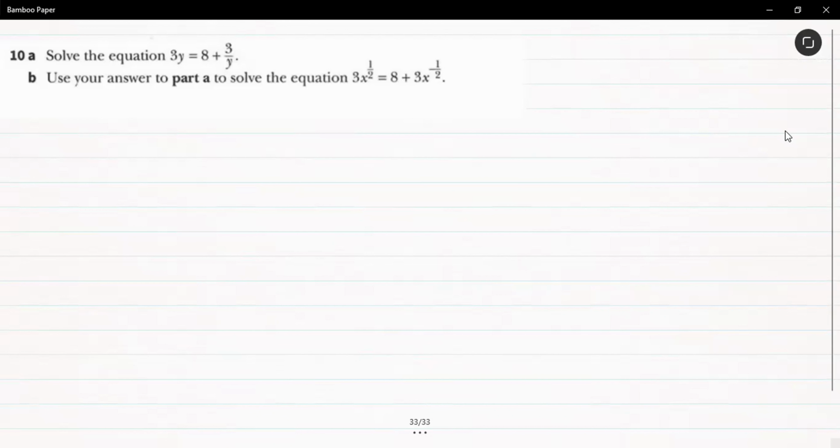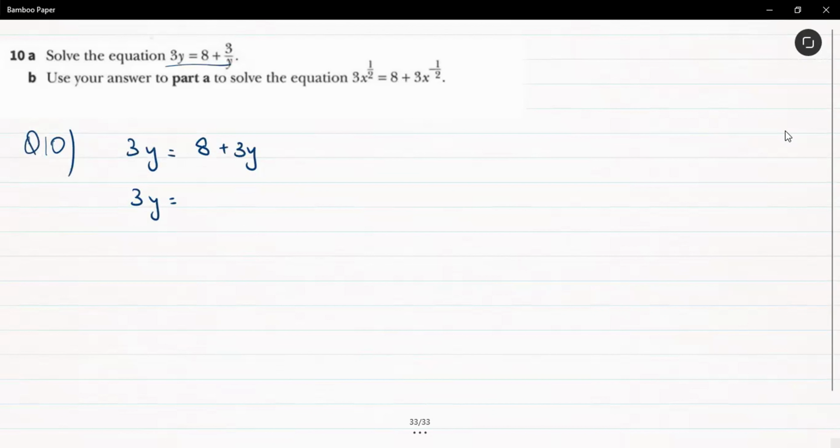Okay, so basically, question number 10 is an example of disguised quadratic equations. If we look straight away, we can't see that it's a quadratic equation, but as we solve it, I'll show you how it becomes a quadratic equation. So this is what the equation looks like. We are going to say 3y is equal to 8.